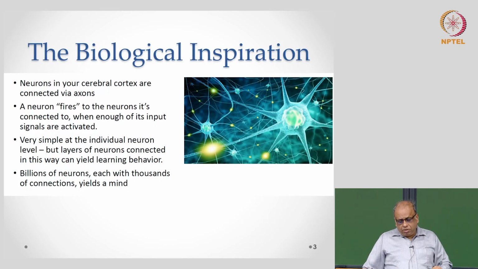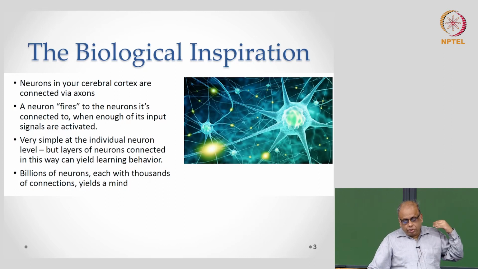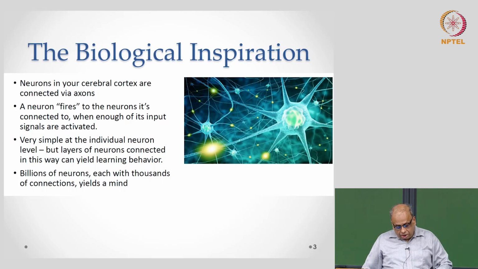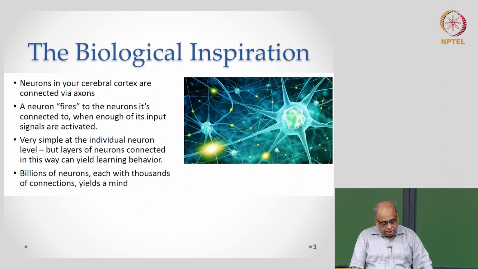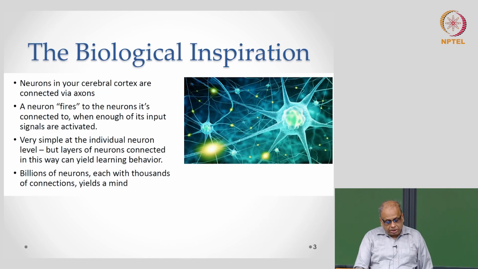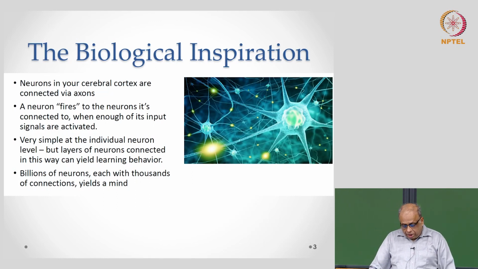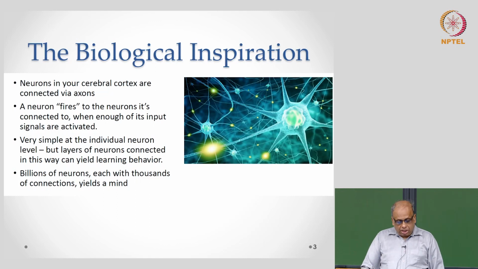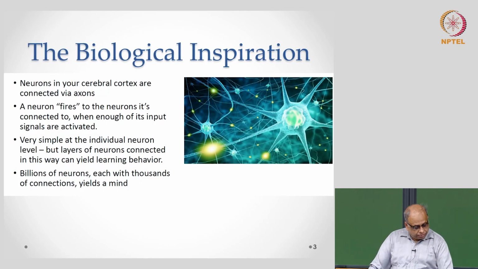At the individual neuron level, it's a very simple thing. You have some inputs which, when activated, activate the neuron. But this enables learning behavior, because there are in our brains billions of neurons, each with thousands of connections.